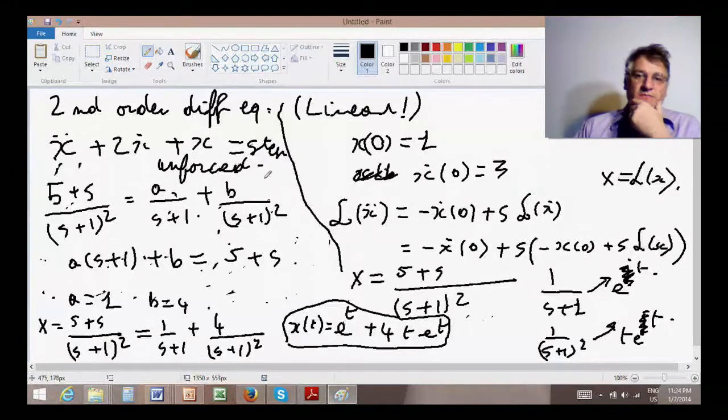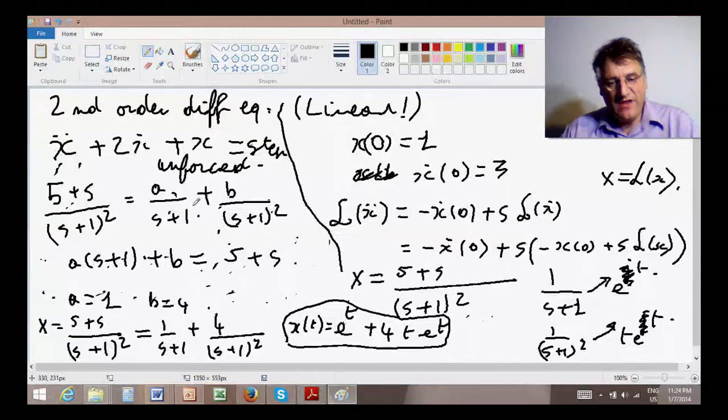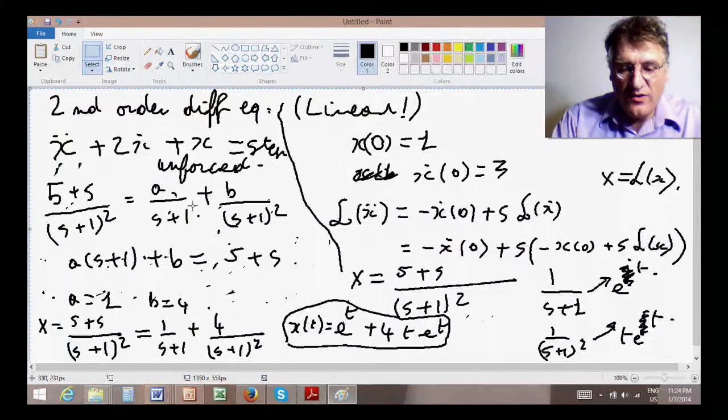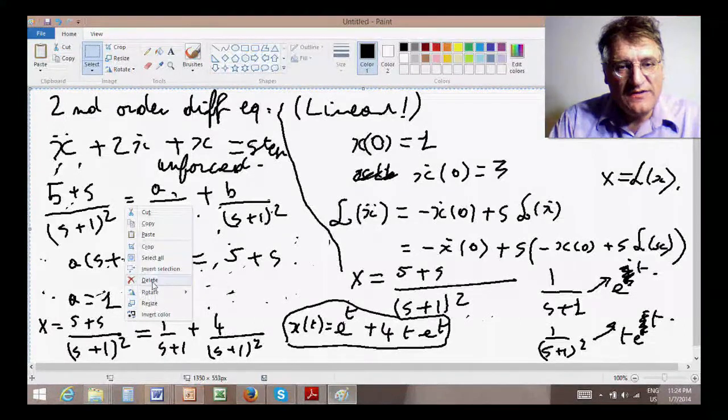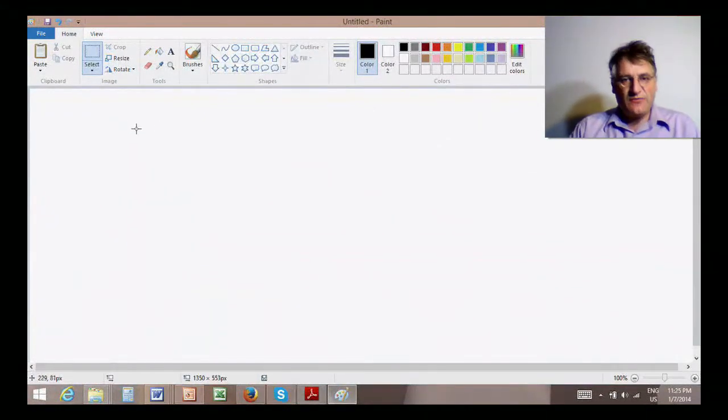We would like to know how the system reacts to a step. So for that, I'm going to clean that up and rewrite the system. For the sake of keeping things simple, we're going to use just the step and no initial condition to begin with.